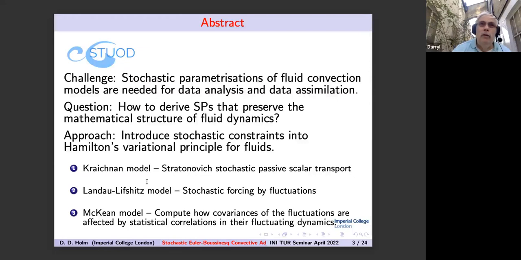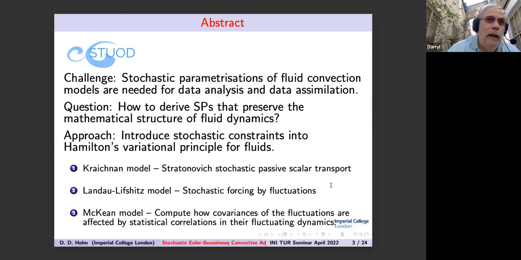Then it's Landau-Lifshitz's model of fluctuating hydrodynamics, which you think of not as transport. It's not stochastic transport, it's stochastic forcing by the fluctuations.